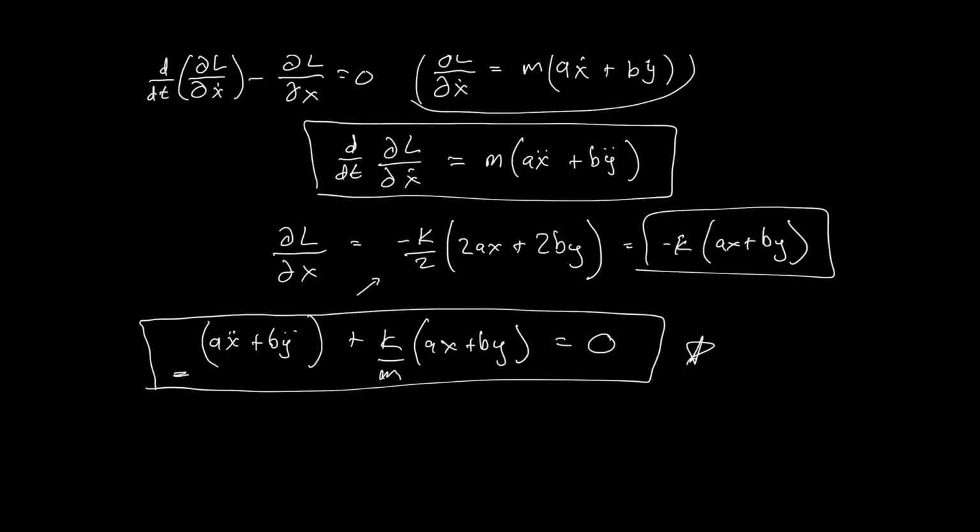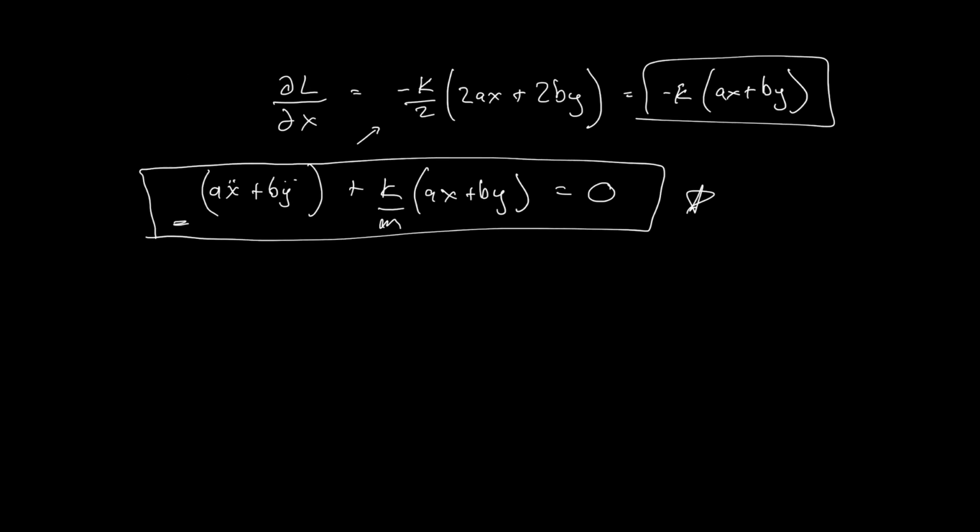And then our second equation of motion is going to be for y. So we go d dt of partial L with respect to y dot minus partial L with respect to y equals 0. And so if we go back, we need to solve this.